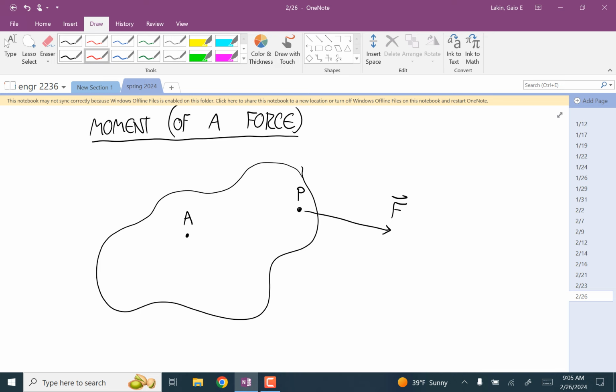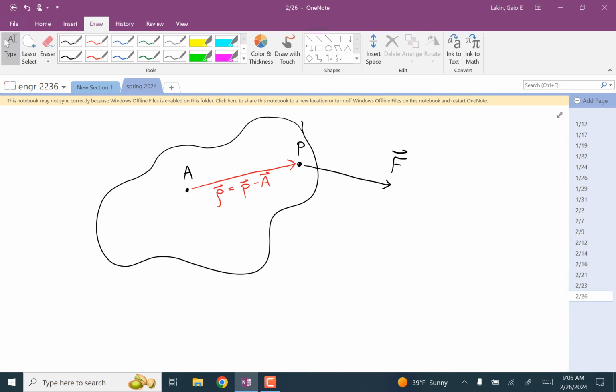And we'll define a vector that goes from that about point to where the force is applied. That is rho, and you can always calculate rho as P minus A, just from the coordinates of those two points.